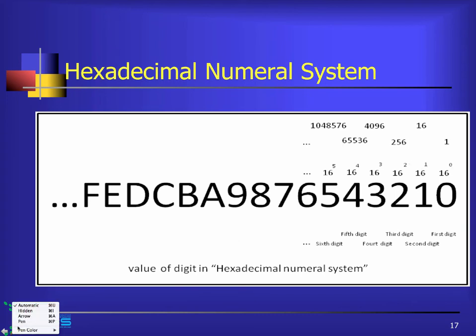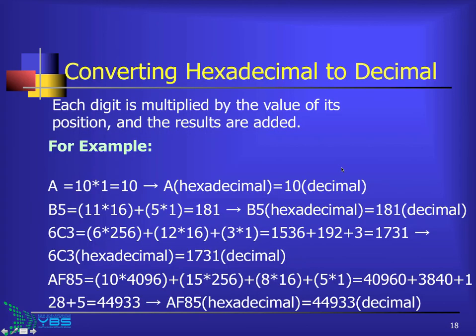If you understand this idea that the base number is 16, which is hexadecimal, the power always starts from the first digit 0, second digit 1, third digit 2, fourth digit 3, fifth digit 4, sixth digit 5, and it goes on.